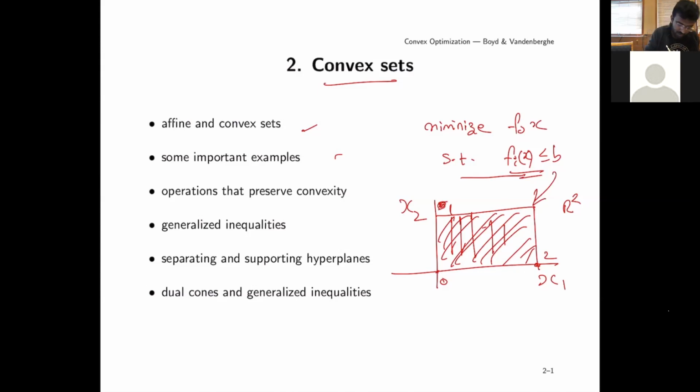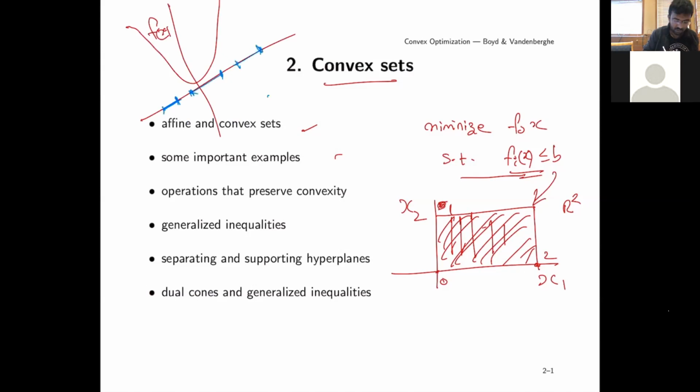For example, if you have a function like this, f of x, and you are asked to solve, this is a convex function. But it need not be a convex problem, because sometimes you are saying that x should be like that, and there is a gap.